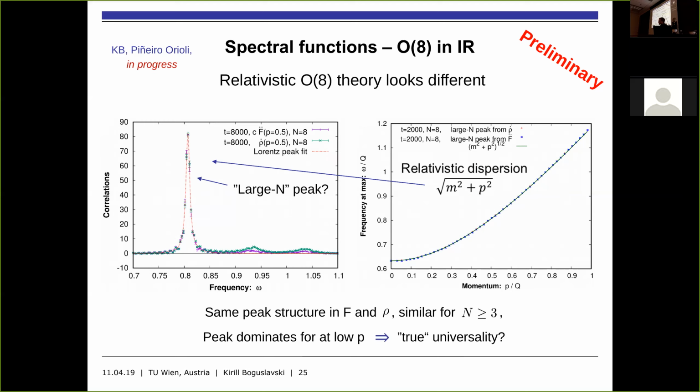Thomas Gasenzer published a theory that for large N, one actually has some kind of Gaussian bosons with a p squared over 2m dispersion relation, which in the relativistic case would be the square root of m squared plus p squared, plus some chemical potential. And this seems to work pretty well here.